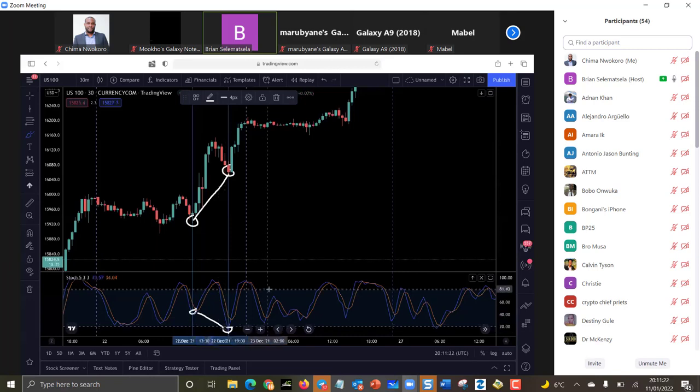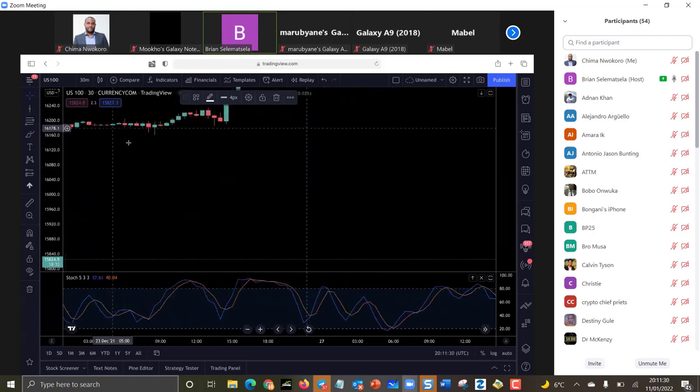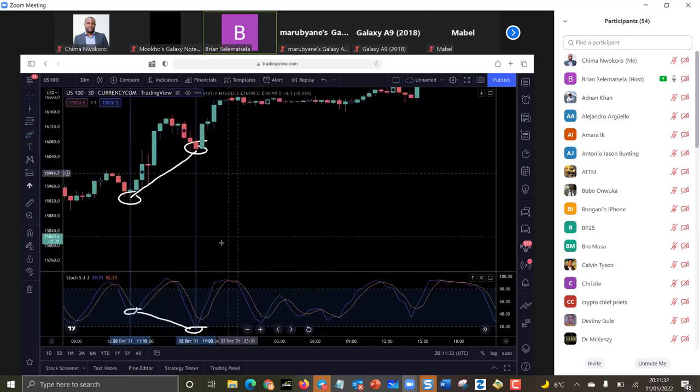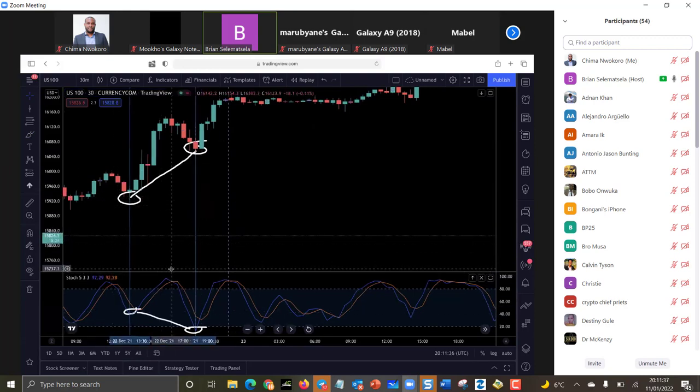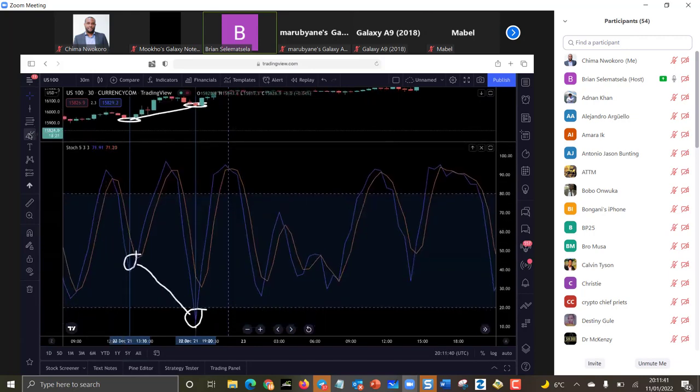But in this case, the stochastic has hit the overbought. After the overbought is hit, we confirm our buy with the crossing over here, the crossing over between those two lines.